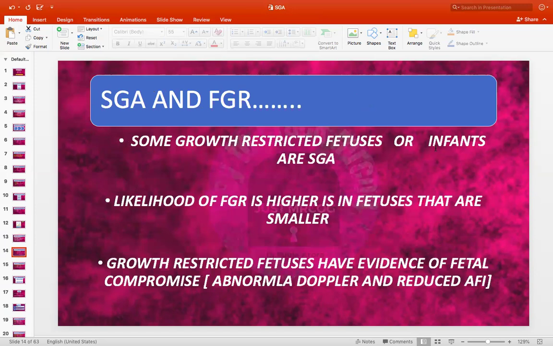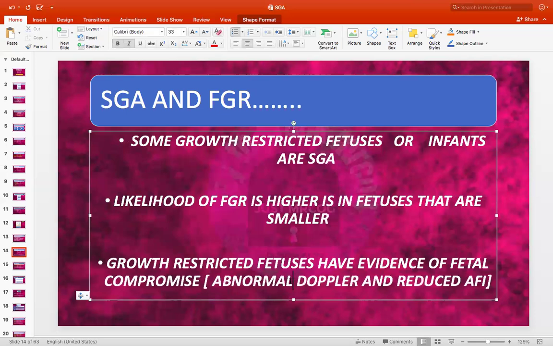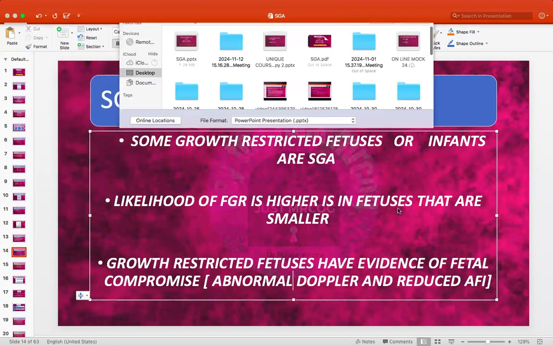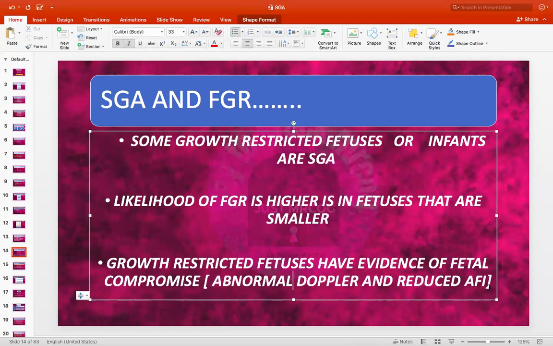Some growth restricted fetuses or infants are SGA. The likelihood of FGR is definitely higher in a smaller size. Basically, when the baby is small, there are more chances of FGR. Simple. Growth restricted fetuses have evidence of fetal compromise, like abnormal Doppler and reduced AFI. But obviously, that's the only difference between FGR and SGA, no?